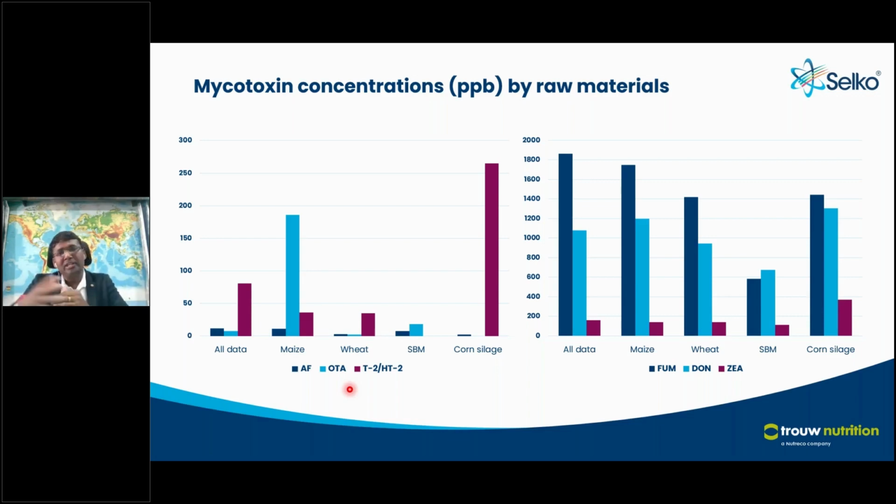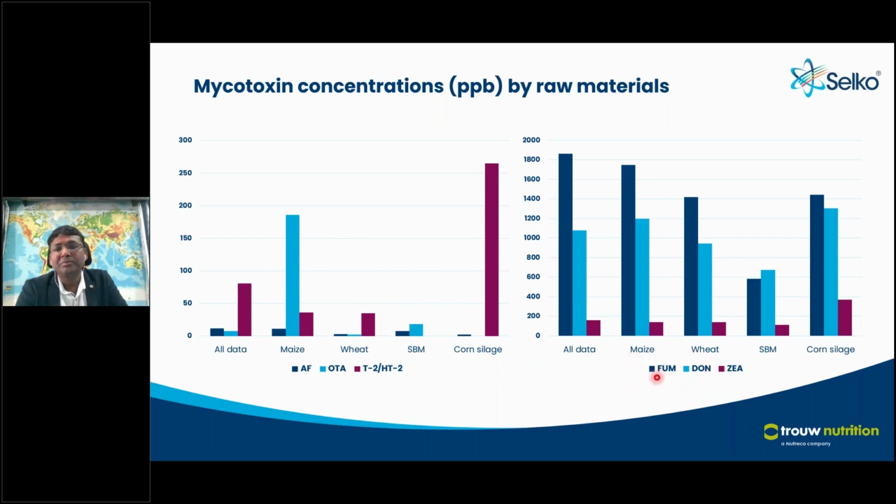It's impossible to represent in one picture, and it will be very difficult to actually see the numbers. You see, as expected, a bit more of aflatoxin in maize comparatively. OTA you see in maize again, and T2 toxin we see a bit in the maize and also wheat.